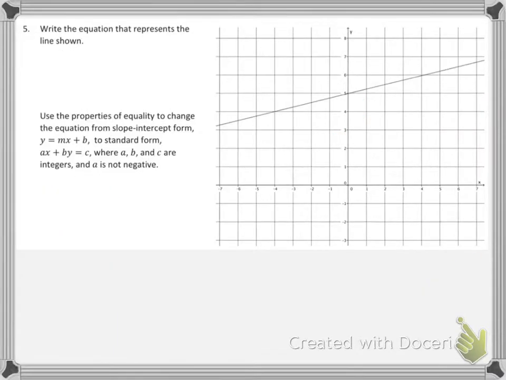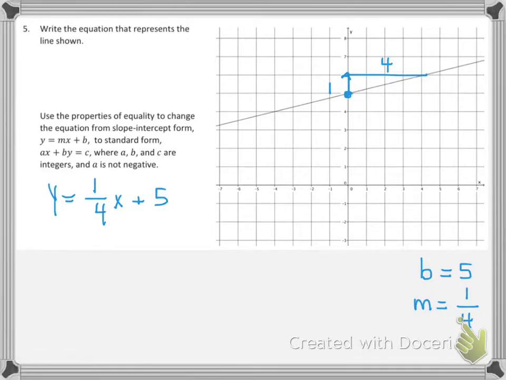Number 5. We cross at 5, so b equals 5. And then our slope, up 1 and right 4. So slope is, the change in y is a positive 1, the change in x is a positive 4. y equals 1/4 x plus 5.